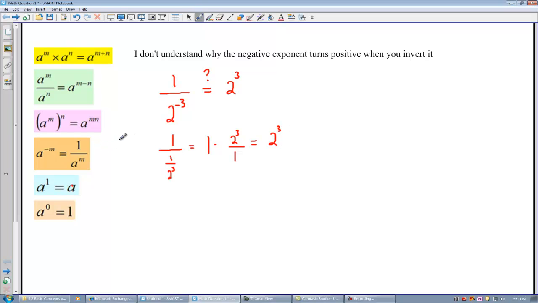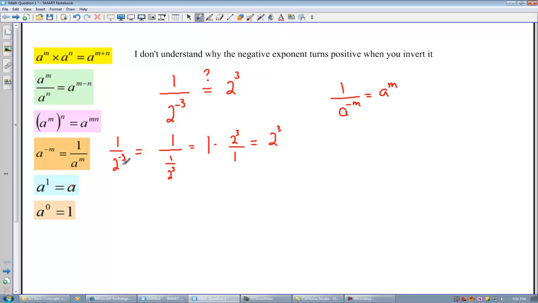All right, so you have basically this string of equalities here. You start with 1 over 2 to the negative 3, and we say it's equal to that. And we know if we divide by a fraction, we multiply by its reciprocal, and we finally get this to equal 2 cubed. So you can actually write down a rule that if you take 1 divided by anything to the negative power, so minus m, it will be equal to a to the m.